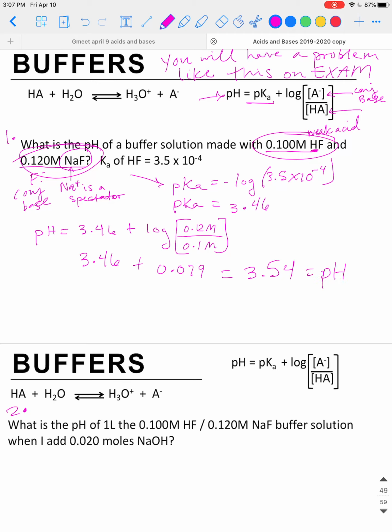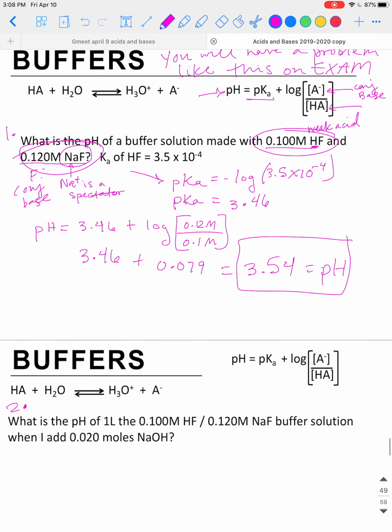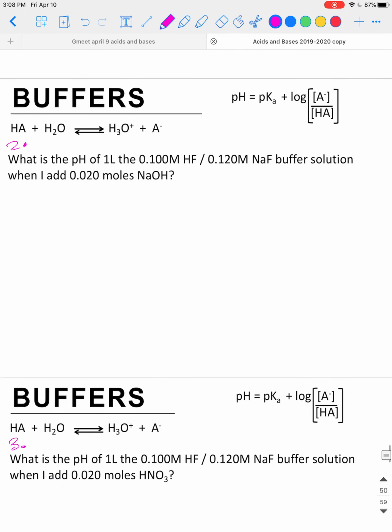That equals the pH of a buffer solution that has these concentrations of weak acid and conjugate base. Okay, so part 1 of a buffer problem is calculating the pH of your buffer solution. All right, so we did that.